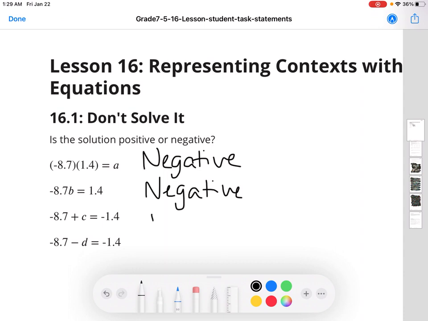C would be positive. Negative 8.7 minus D equals negative 1.4. Okay, so D would be negative.